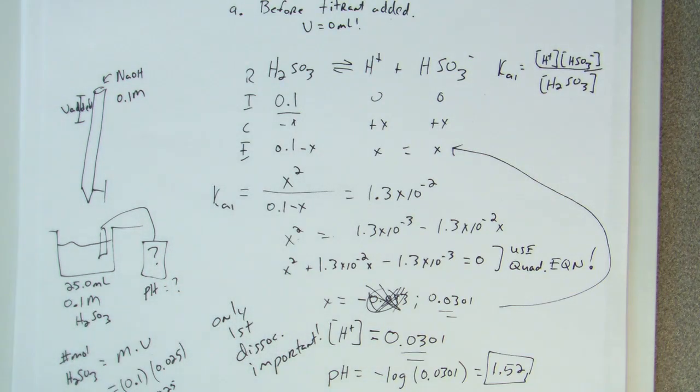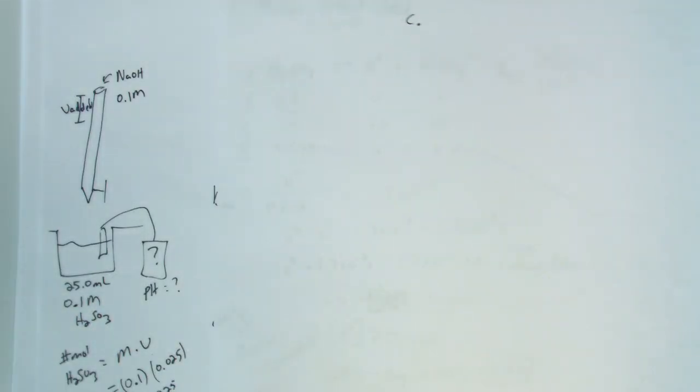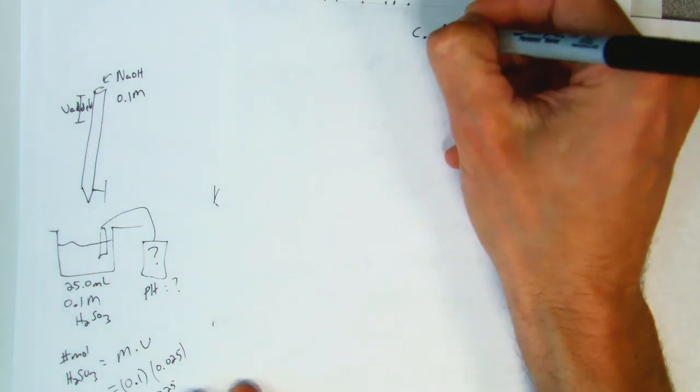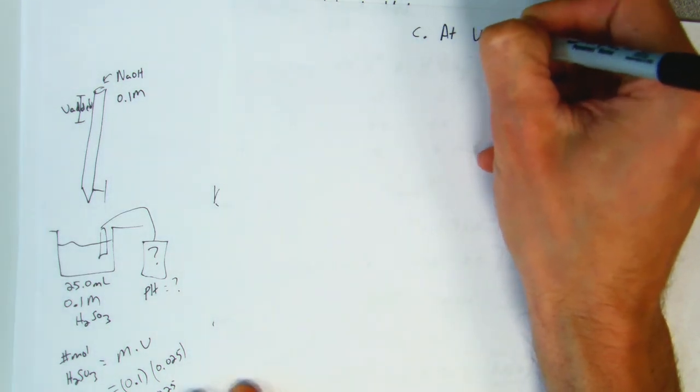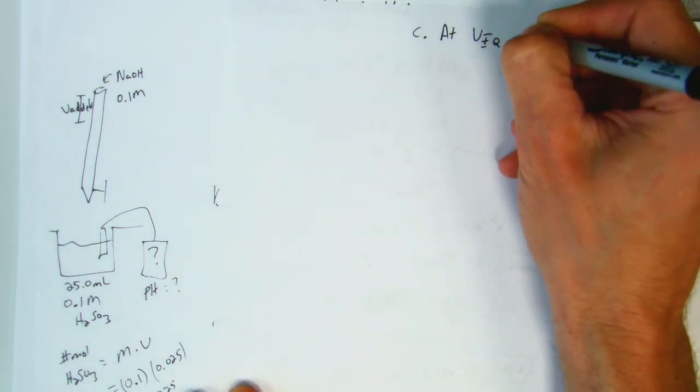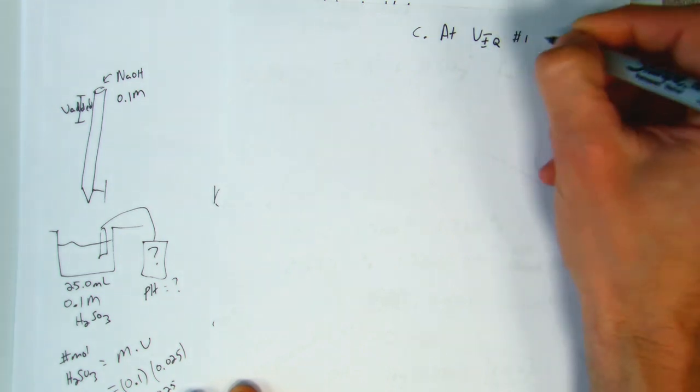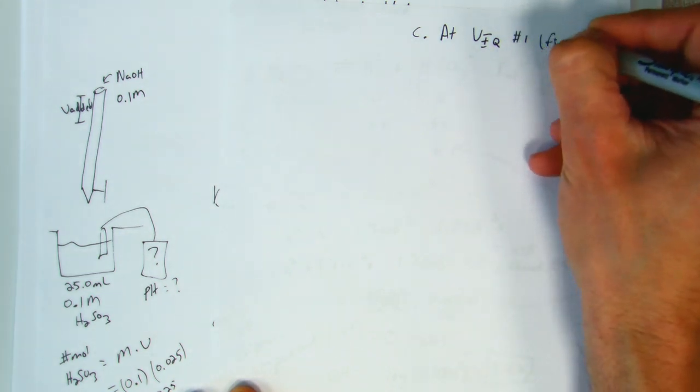Let's move on then to another point on our curve. That was for the first buffering region. But now, the point I'd like to work in part C of this problem is at VEQ 1, or the first equivalence point.